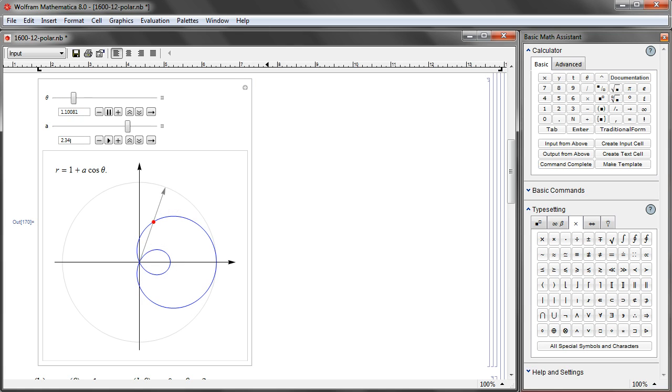Consequently, we have this inner loop given by negative r value when the red dot is pointed to the other side, pointed backward, compared with this gray arrow. Well, if I change a value just continuously around, then as you can see, the curve is changing according to the a values. And then, of course, the dot is moving around, the arrow is moving around according to theta.